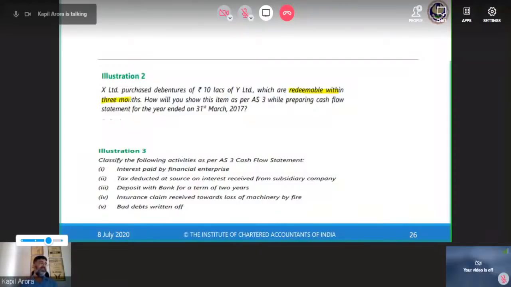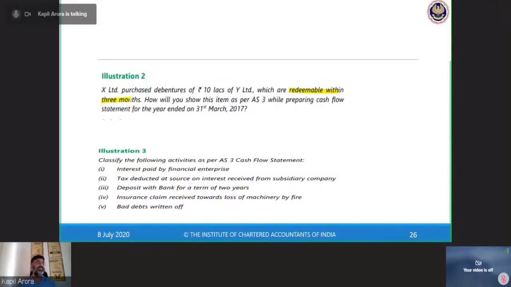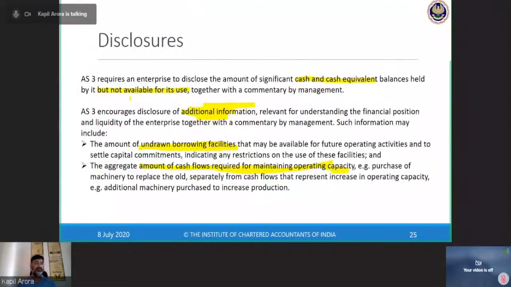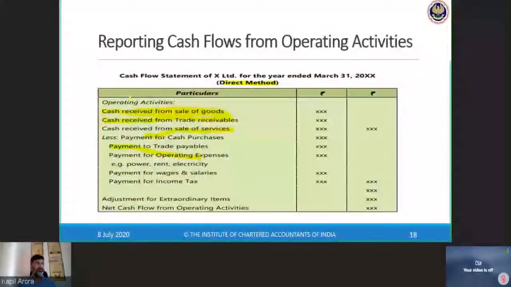Yes, Rushi, there is a format for everything, right? There is a format for balance sheet, P&L and cash flows, and we have to follow the set format which is given as per the Companies Act, Schedule 3. I have shown you this format earlier also.